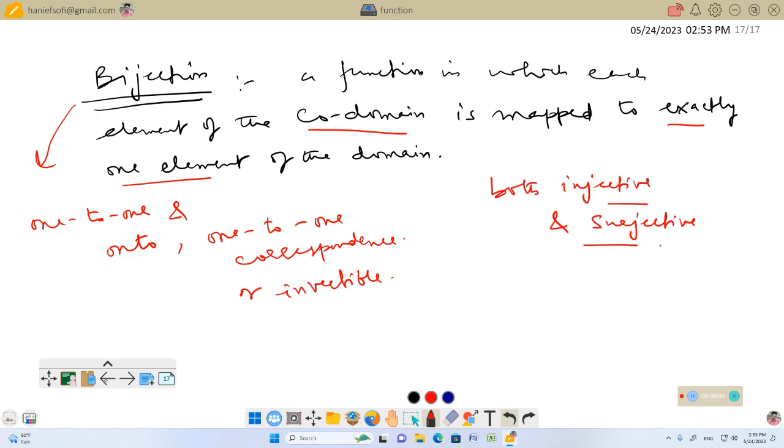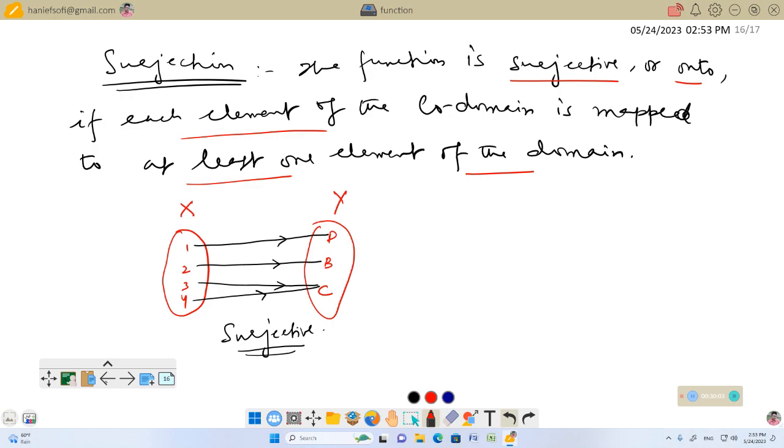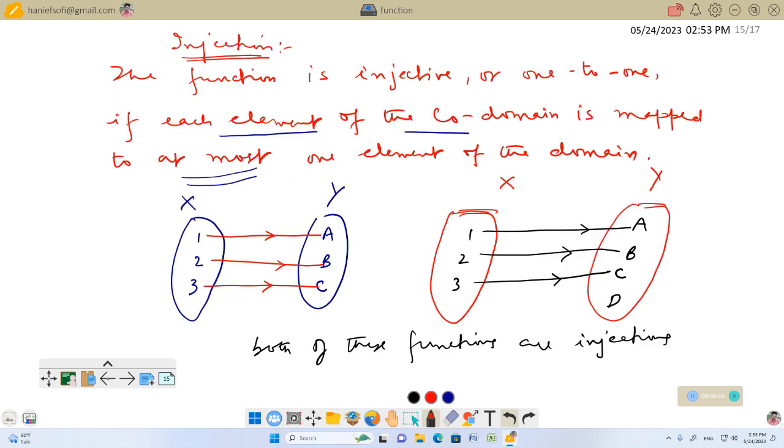Differentiate. In surjection, we have a condition that each element of codomain is mapped to at least one element of domain, right? In injection, we have a restriction that each element of the codomain is mapped to at most one element of the domain. So there is an at most and at least situation.